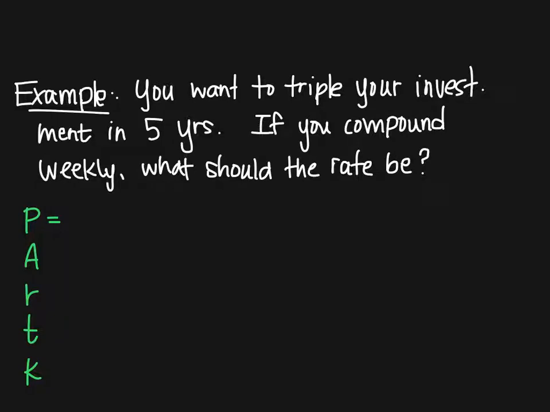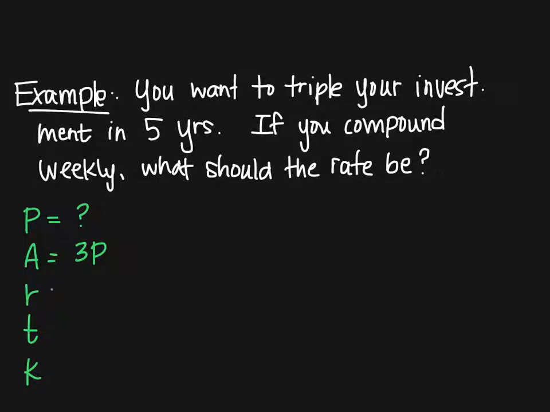We don't have anything, so I'm going to put a question mark. Okay, what do we put in for A? Nothing. 3P. Because I want to triple whatever I started with. Okay, now don't just put 3, because then you'll have $3, and that will not get you very far. All right, you want to have 3 of whatever you started with, so 3P. So make sure you have that.